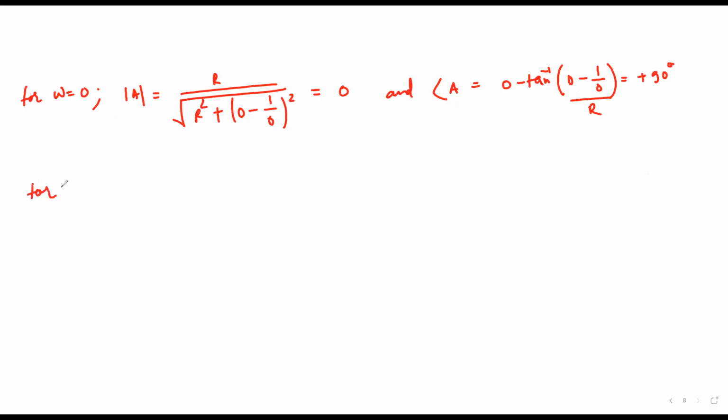So for omega equal to infinity, we see that the gain will take the value of R square plus 0 infinity minus 1 over infinity whole square. If we solve it as before, the way we solved it for impedance and admittance, we can also solve this for this voltage.